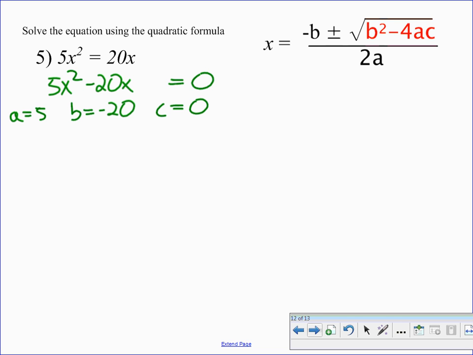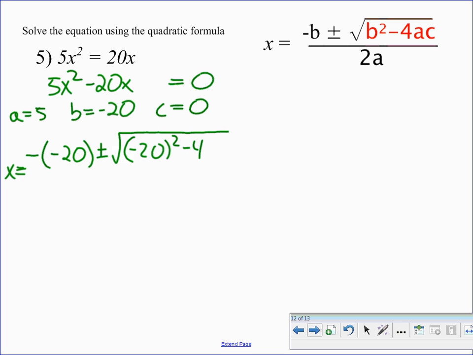So when we do it this way, x equals negative 20 plus or minus the square root of negative 20 squared minus 4 times a times c all over 2 times a.